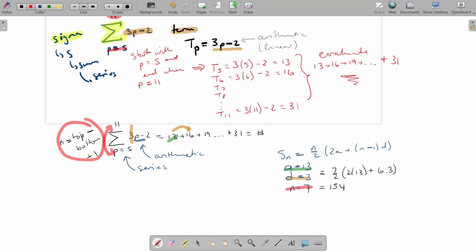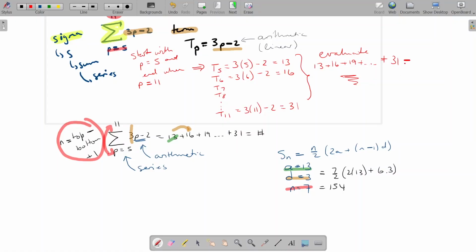Now, we could have gone back to our work and simply said, well, hold on, this one is easy enough, and please don't feel forced to use fancy formulae if you can see a shortcut. Going back to this red line up the top here, that's actually short enough for me to do on my calculator. So 13 plus 16 plus 19 plus 22 plus 25 plus 28 plus 31, and I do in fact get an answer of 154.